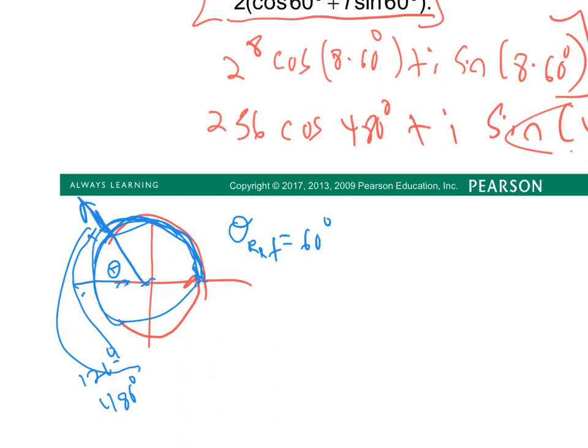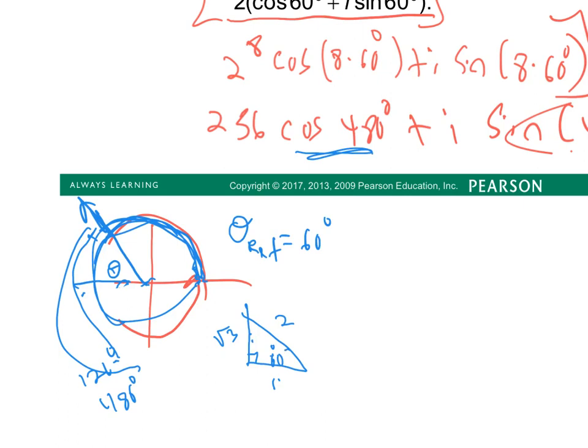Okay, so if I was to draw a triangle with a 60-degree angle, this would be my 1, this would be my 2, this would be my square root of 3, because the 1 is always across from the 30. There's my right angle. So what is the cosine of a 60-degree angle?